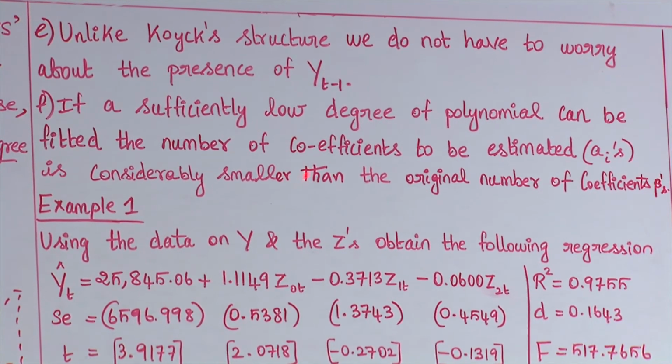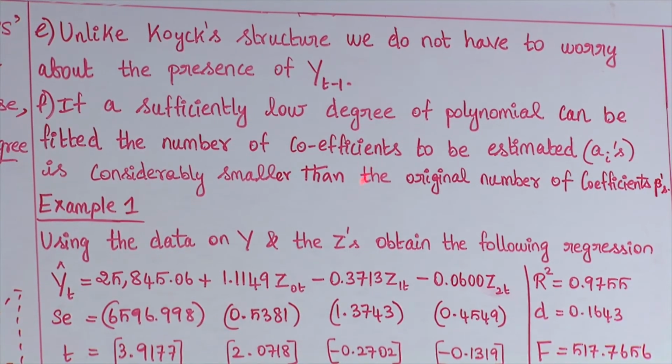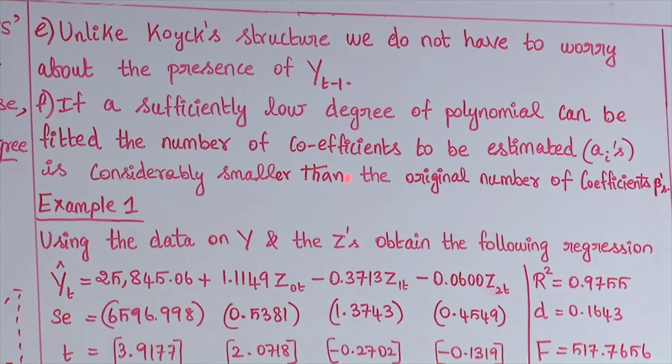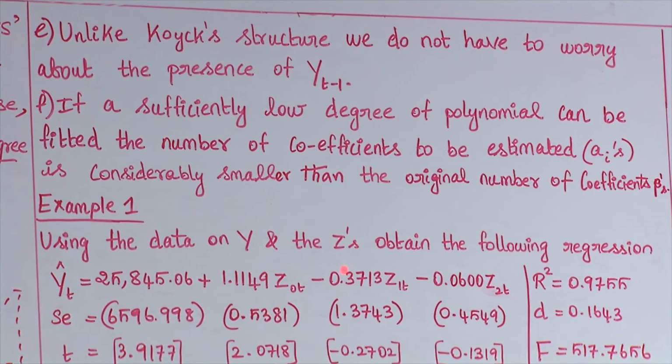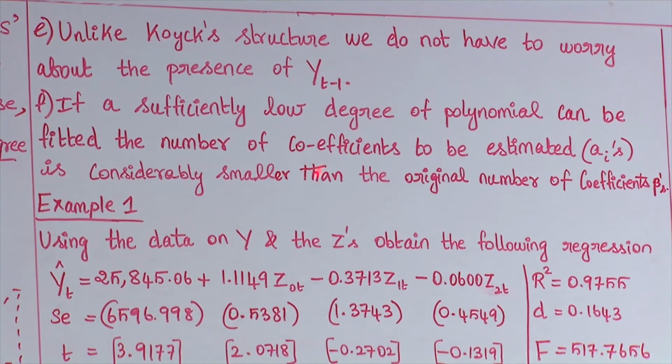So this is another good feature of the Almon approach, because if the number of parameters in the main equation is so large, a sufficiently small degree of polynomial can really reduce the number of coefficients to be estimated in the auxiliary equation. That in turn helps to avoid the severe loss of degrees of freedom in the main equation.